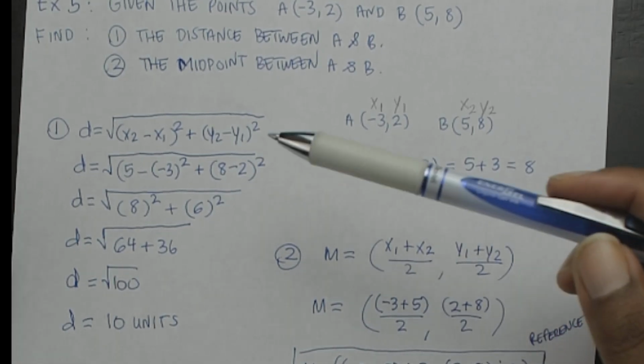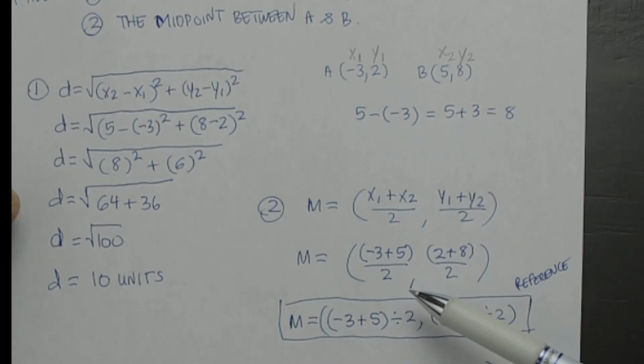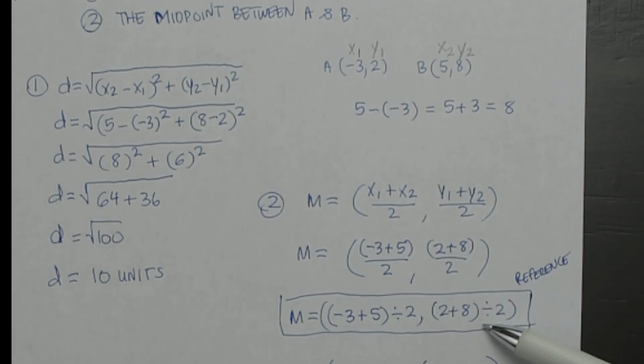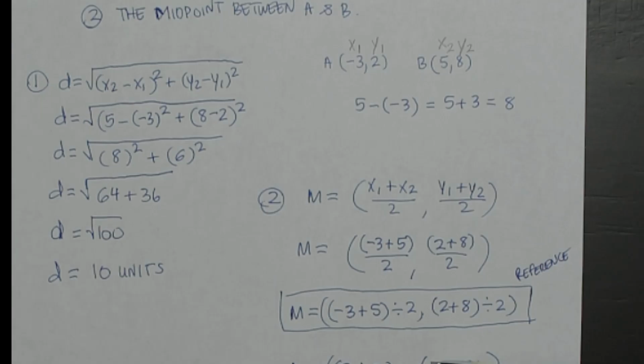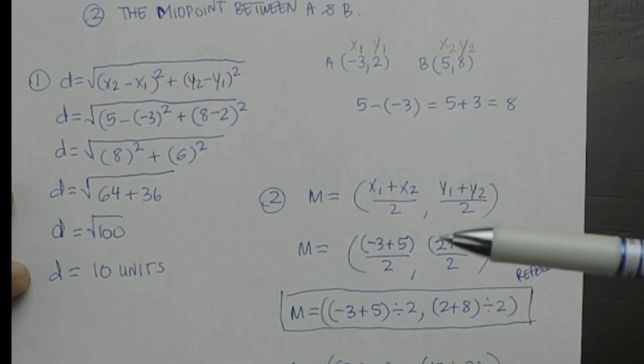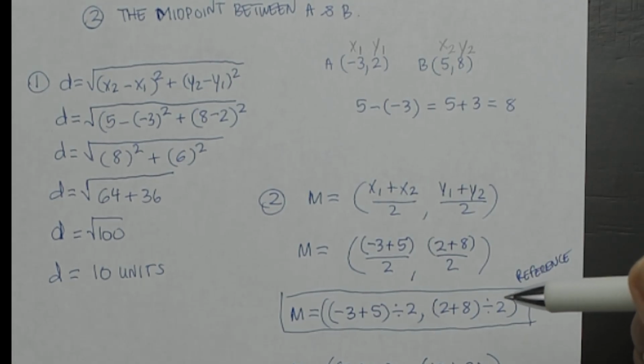The third thing is that the midpoint is found by averaging, by dividing by 2: averaging the x coordinates and averaging the y coordinates. If you can correctly identify the coordinates, substitute them carefully, and pay attention to negative signs, you should be able to solve both types of problems successfully.